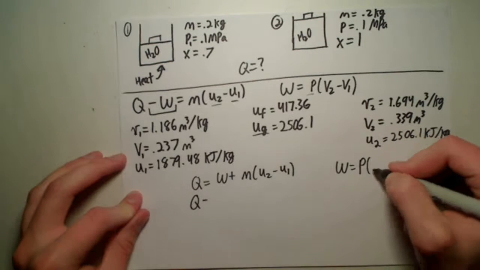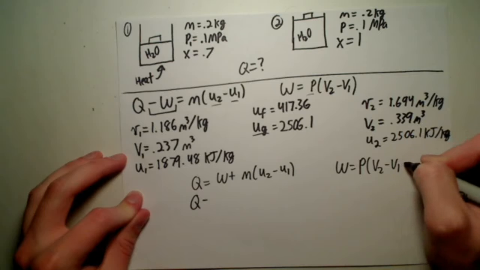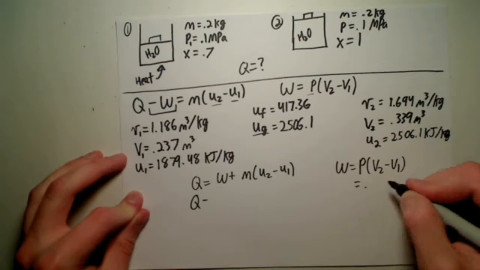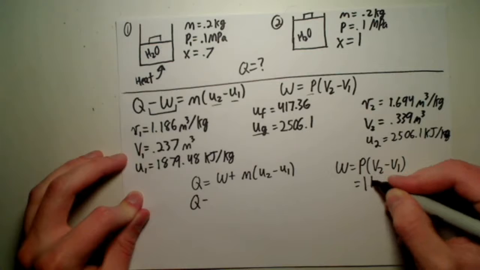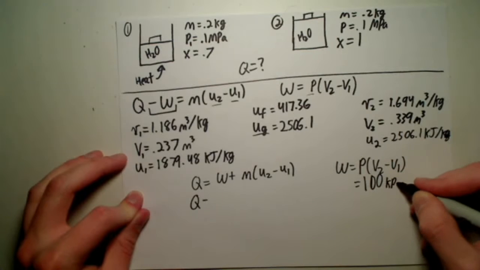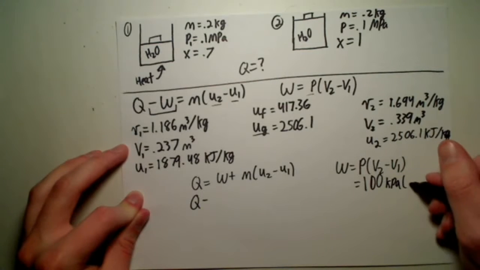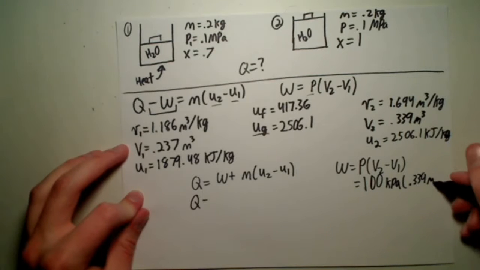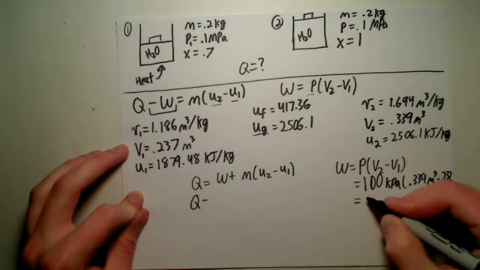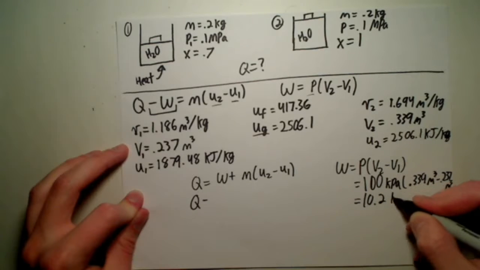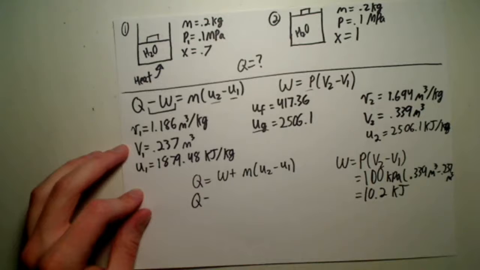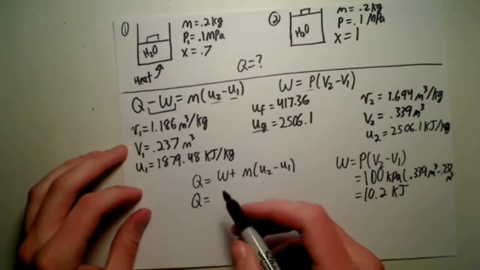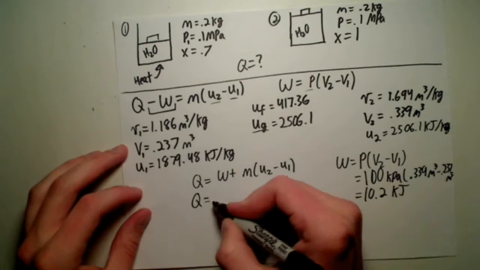Work equals P times V2 minus V1, which equals 0.1 MPa, that equals 100 kPa, times 0.339 meters cubed minus 0.237 meters cubed, which equals 10.2 kilojoules.